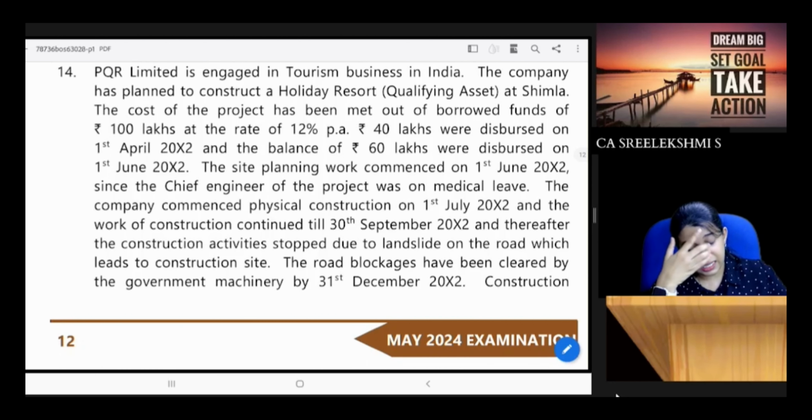Company commenced physical construction on 1st July and work of construction continued till 30th September 2012. And thereafter, the construction activity stopped due to landslide on road, which leads to the construction site. The road blockages have been cleared by the government machinery by 31st December 2012.